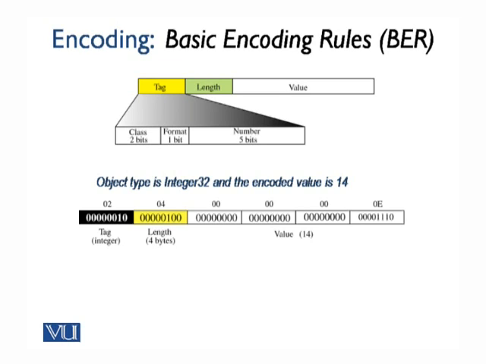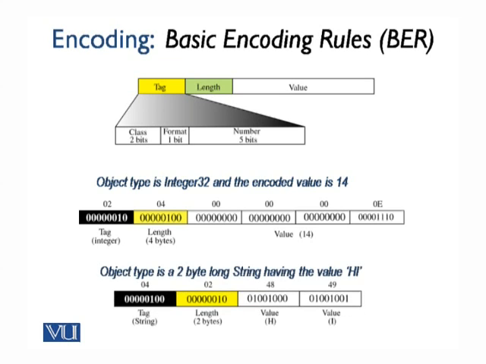The second yellow part of the frame is the length of the value, and this is 4 bytes, which tells us that the value is 32 bits, and then the value is interpreted according to the type we have defined, which is integer. If we want to encode some data as a 2-byte long string having the value HI, we would have the tag value display that it is a string.